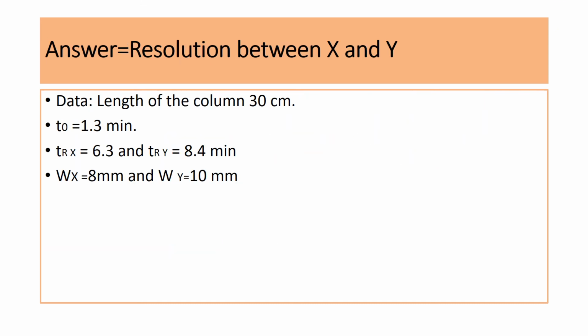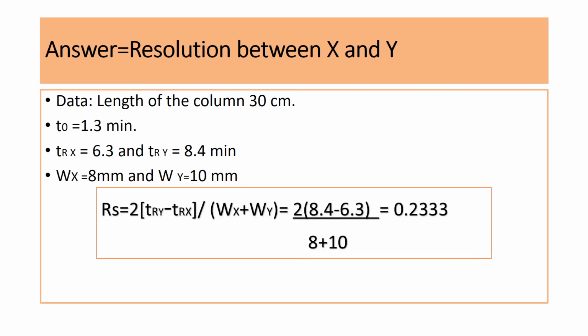So the data from the previous problem is: length of the column 30 centimeters, T0 is 1.3 minutes, TRX is 6.3 and TRY is 8.4. Width for X is 8 millimeters and for Y is 10 millimeters. With the formula 2 into bracket delta T divided by W1 plus W2, the answer comes to be 0.2333.